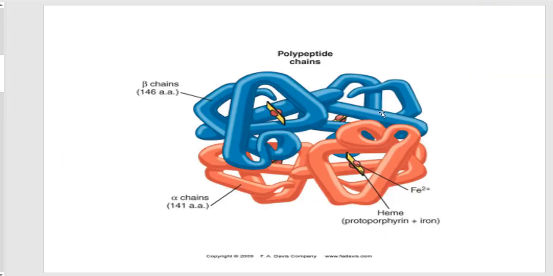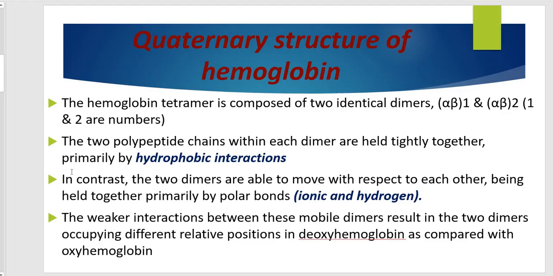Alpha beta 1 and alpha beta 2 are connected by hydrophobic bonds, and the 2 polypeptide chains within each dimer are held tightly together by hydrophobic bonds or interactions.